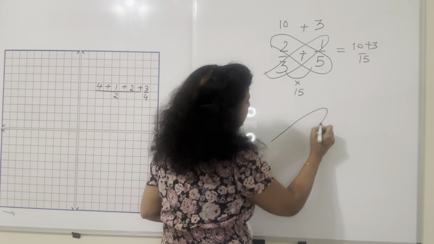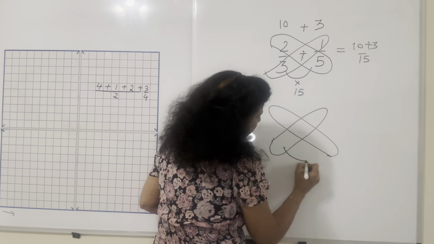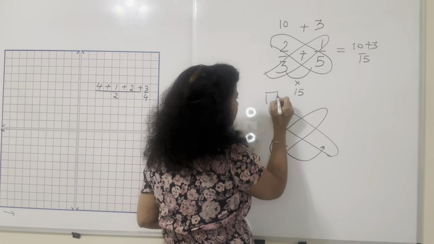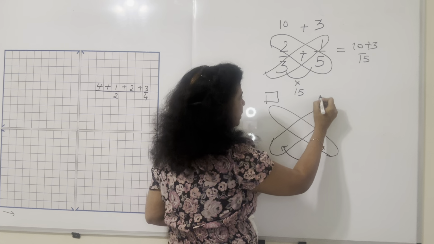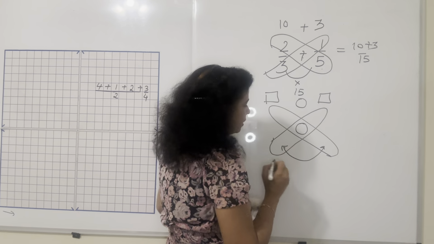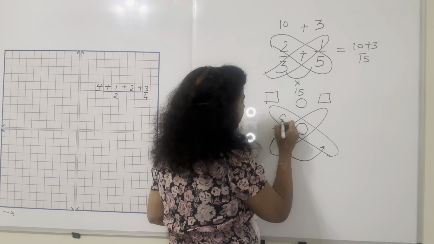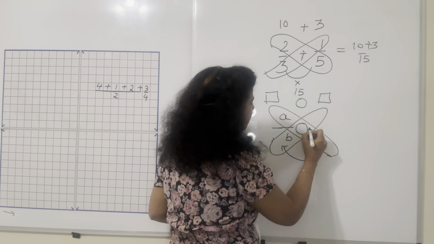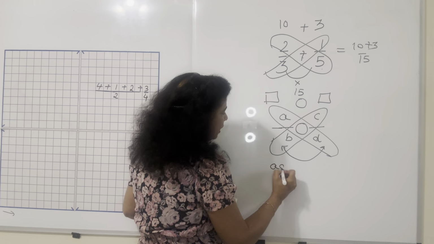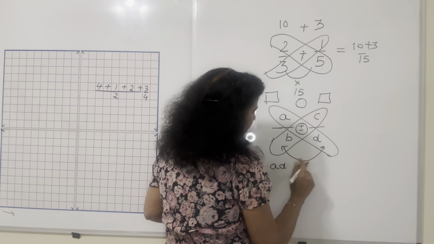And this is like this butterfly. Look at this. So you cross multiply, write your answer here. You cross multiply, write your answer here. Whatever plus or minus you have here, you make sure to write it here. And then cross multiply the numbers you have here, okay? For example, if it is A over B, C over D, that means you are multiplying A and D, but plus or minus, whatever you have here, you make sure you write it here.